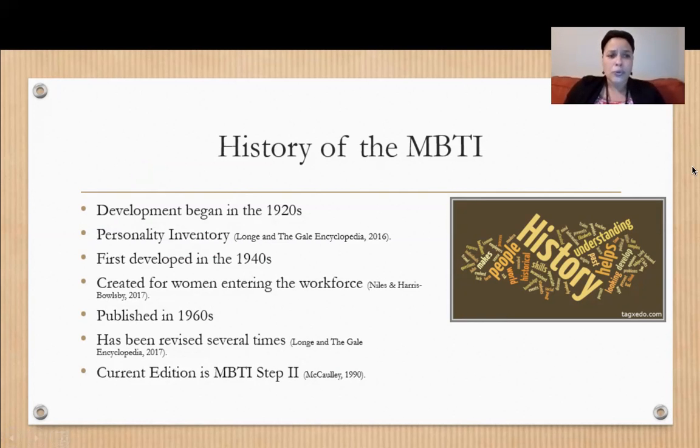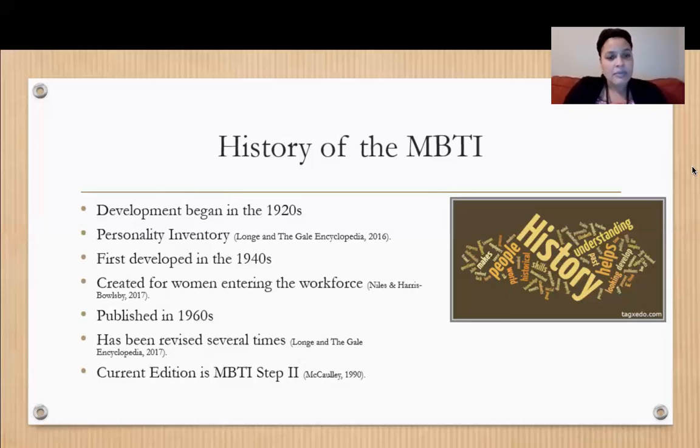World War II created a gap in employment with many able-bodied men being sent to war. The MBTI helped women find the types of jobs that they were best suited for. After several revisions, the MBTI was officially published in the 1960s by the Educational Testing Service.